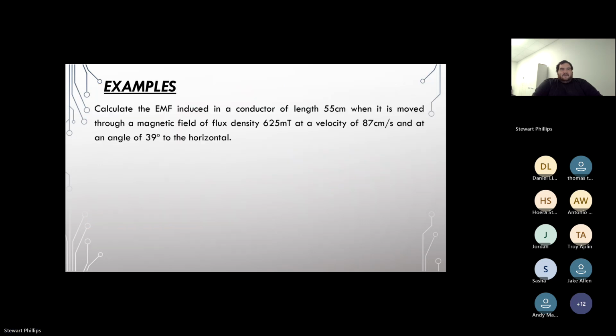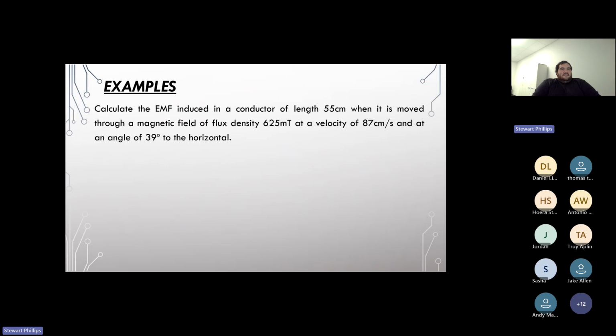So now that we've had a go at 1, we'll calculate the EMF induced in a conductor with a length of 55 centimeters. So centimeters, we're going to times 10 to the negative 2. When it's moved through a magnetic field of flux density 625 milliteslas. So we're going to times 10 to the negative 3 for this. Velocity of 87 centimeters per second.